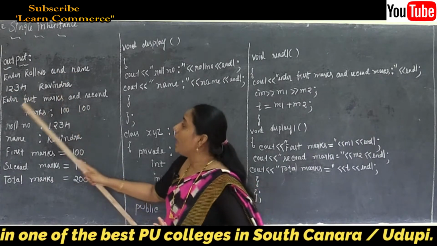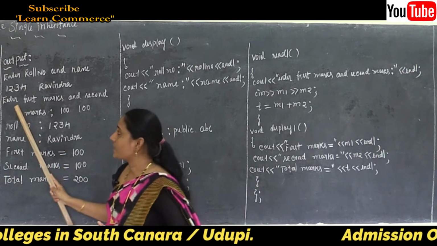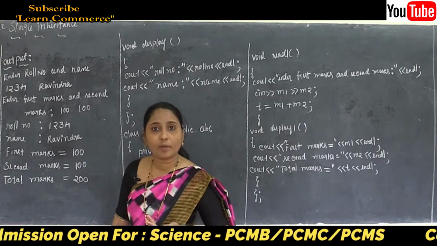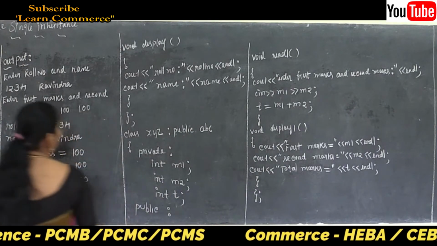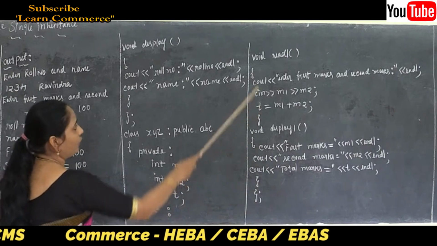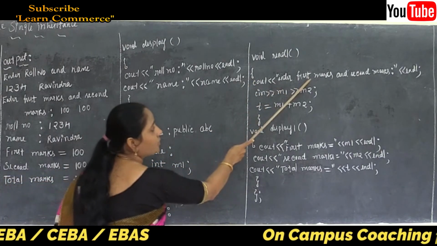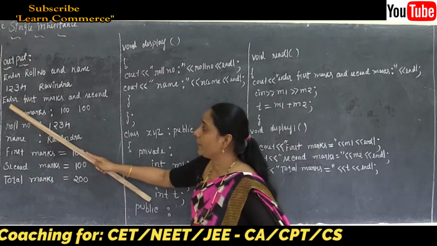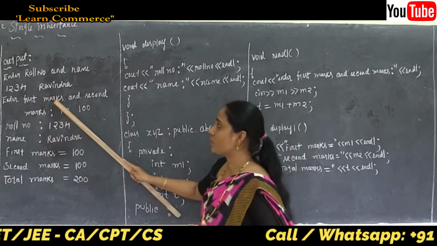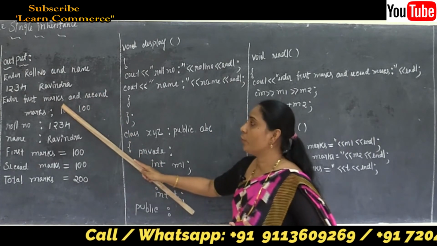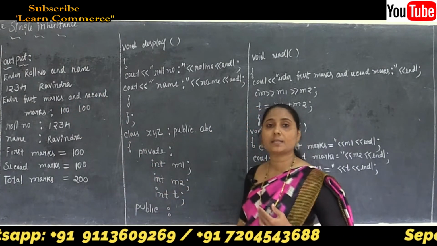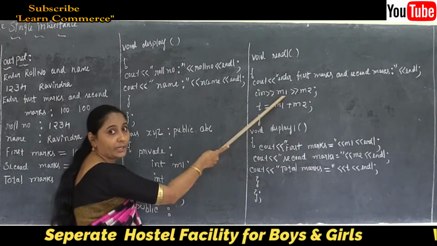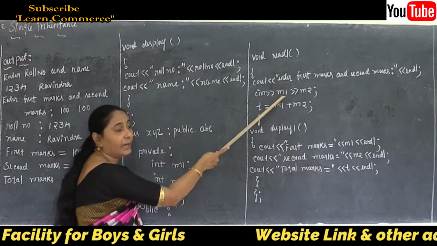After accessing ob.read, the second member function is ob.read1. In ob.read1 we already wrote the message to enter the first marks and the second marks. Because we use the cin function, we enter the marks for M1 and M2.